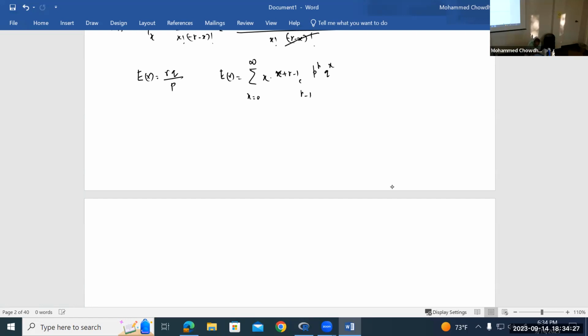After this, x is a variable here, and p to the power r is a constant, there is no x. So we can write the sum for x equal to 0 to infinity, with x times (x plus r minus 1) factorial over (r minus 1) factorial times x factorial, and q to the power x.